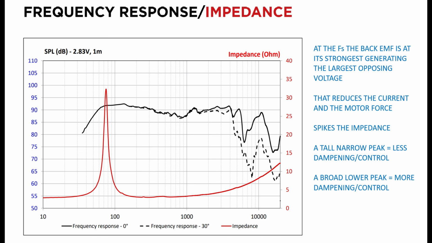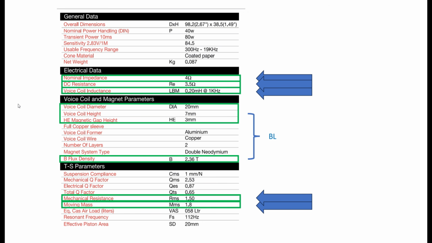All right, so now I'm going to talk about all of this stuff together. We were able to work out some things about the motor strength by looking at the voice coil diameter and height, the magnetic gap height, the flux density and all of that stuff.